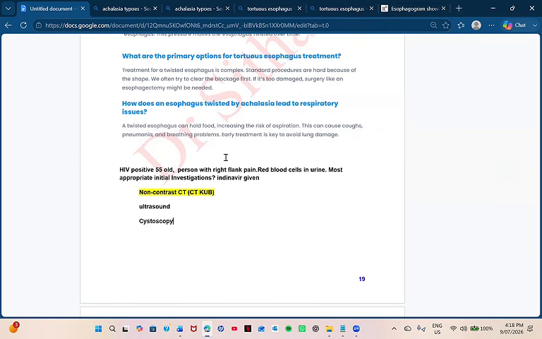So stones are given, and we don't need the IV contrast. Usually IV contrast is very important for excluding cancer and everything. But in the given scenario, CT scan is the most appropriate initial investigation. So non-contrast CT is the better one. It depends on the scenario.